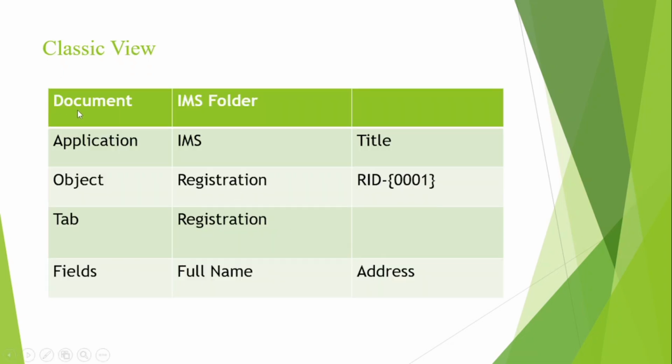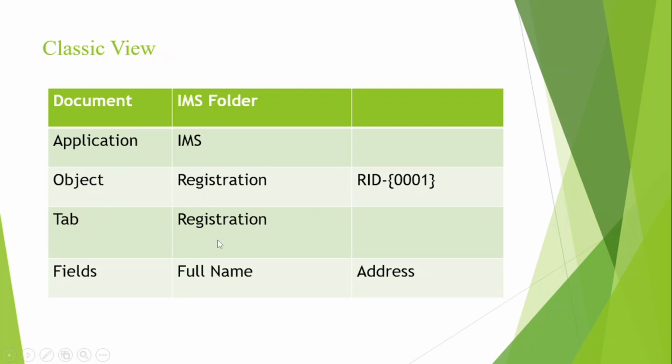Like document we are going to create by the name IMS folder, application by the name IMS, it stands for Insured Management System, object name is registration, and in this registration the first field is created by Salesforce, and that is a standard field that we are going to represent as registration ID, and it is starting from one number.